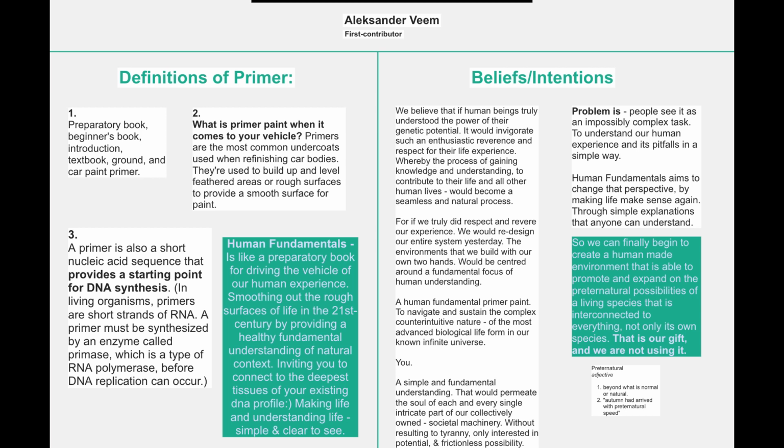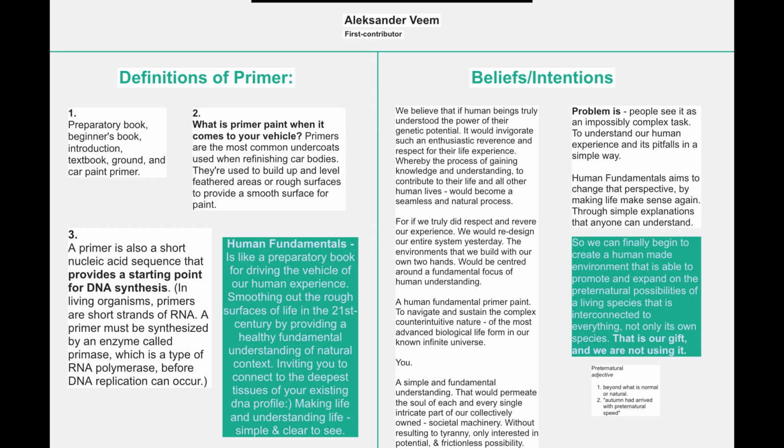For if we truly did respect and revere our human experience, we would redesign our entire system yesterday. The environments that we build with our own two hands would be centered around a fundamental focus of human understanding, a human fundamental primer paint, to navigate and sustain the complex counterintuitive nature of the most advanced biological life form in our known infinite universe, you.